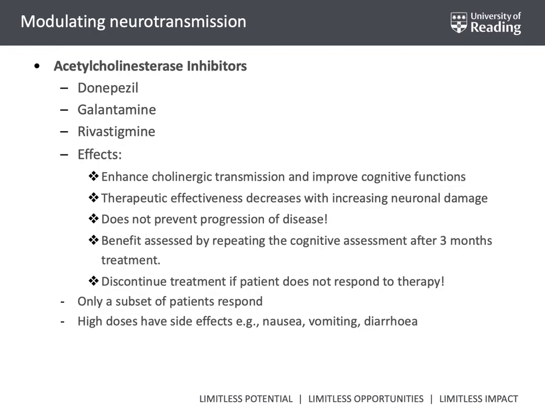Because again, thinking about things that moderate cholinergic transmission, you can have some side effects that hopefully you're familiar with through the muscarinic system in terms of nausea, vomiting, and diarrhea. So some of these drugs aren't very nice in terms of some of the side effects they cause. And that has to be weighed up with the improvement of quality of life that you're getting from taking these particular drugs for these particular patients.